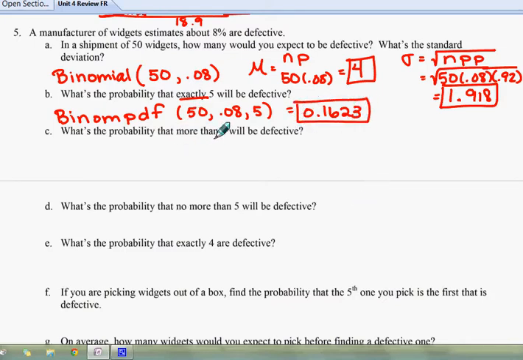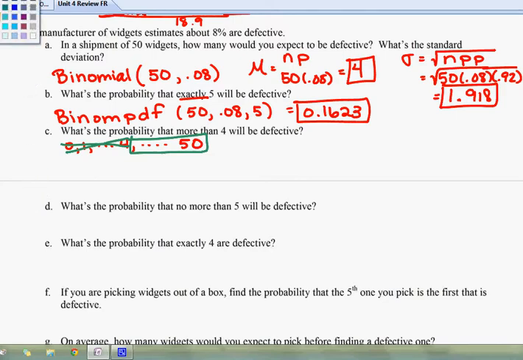The probability that more than 4 will be defective, well, more than 4 means that I'm looking at these guys here. It's not 4 or more, but more than 4, so I'm eliminating those.